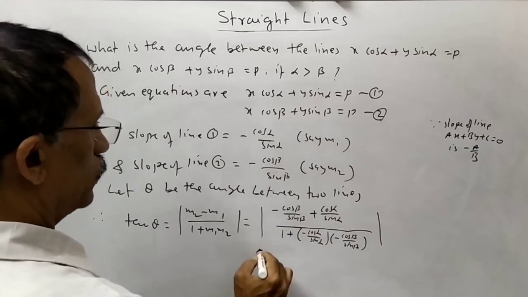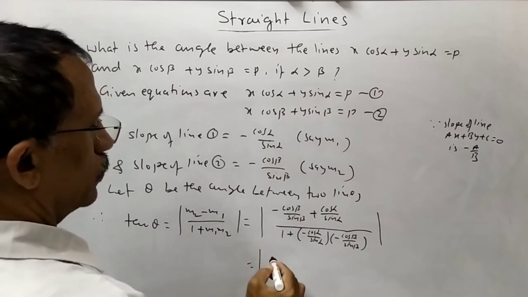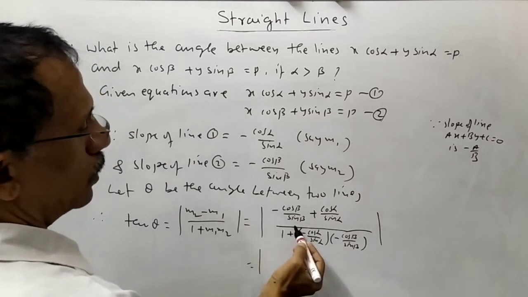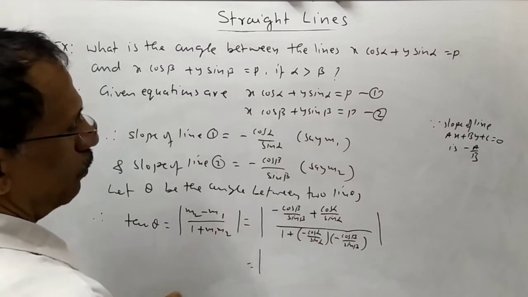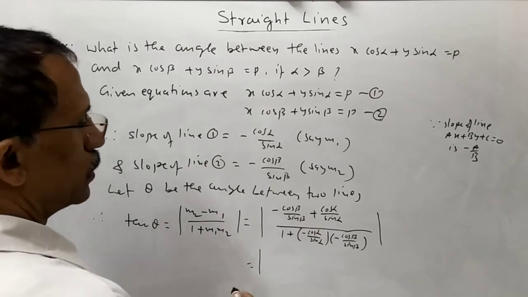When you take LCM, sin beta, sin beta, sin alpha from the denominator will get cancelled.